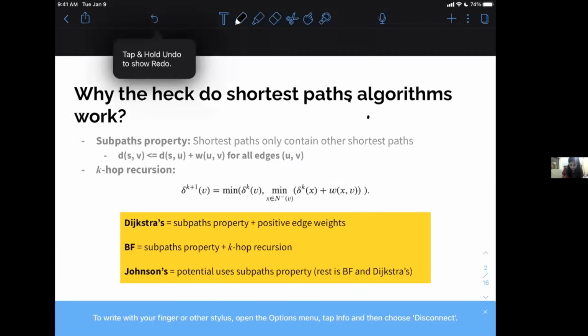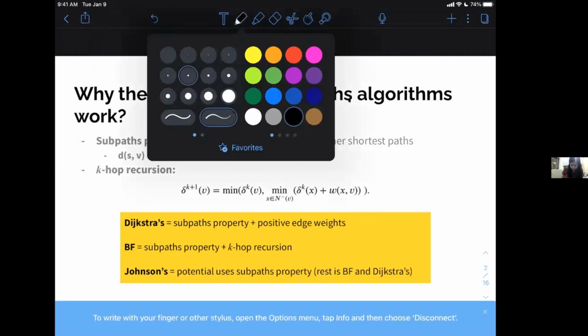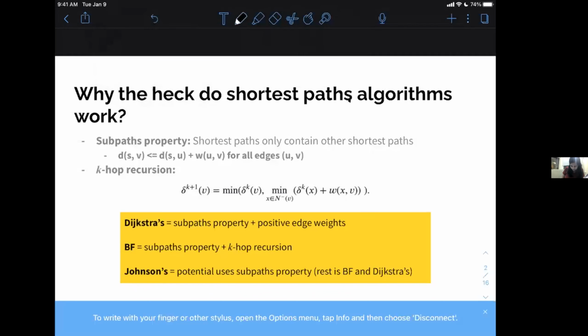So if you had a path from S to T, and then you considered a subpath from U to V, this path P prime also has to be a shortest path, because if it wasn't, then you'd get a shorter path from S to T. That's the gist of the subpath property.